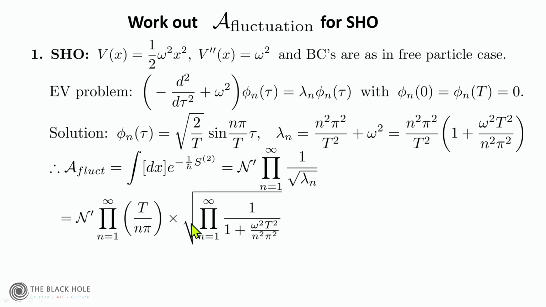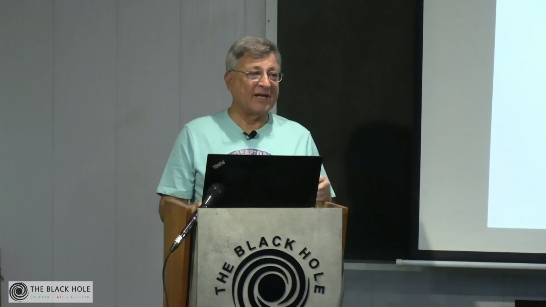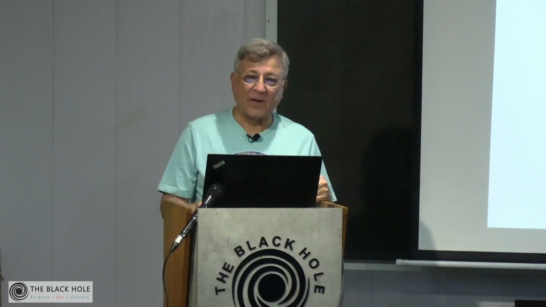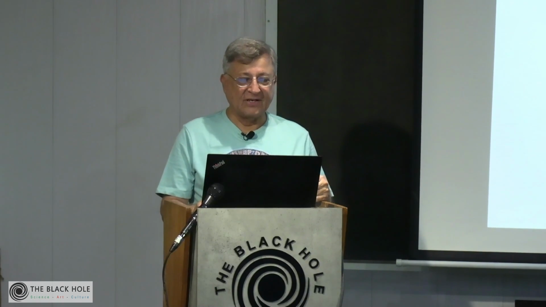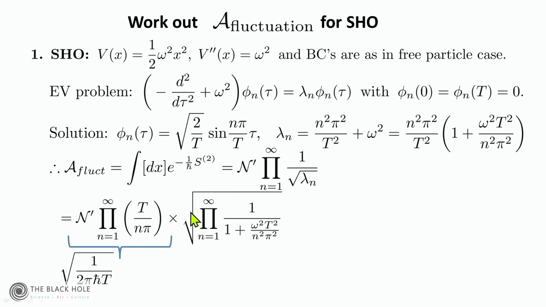Okay, now what do I do with this? Well, then you remember the courses that you took in calculus, or if you didn't take them, then you can always go to Mathematica and ask, what is this thing? Well, this, we know. This thing is the free particle answer. What is this? Then you look up the tables, go to Mathematica, work it out yourself.